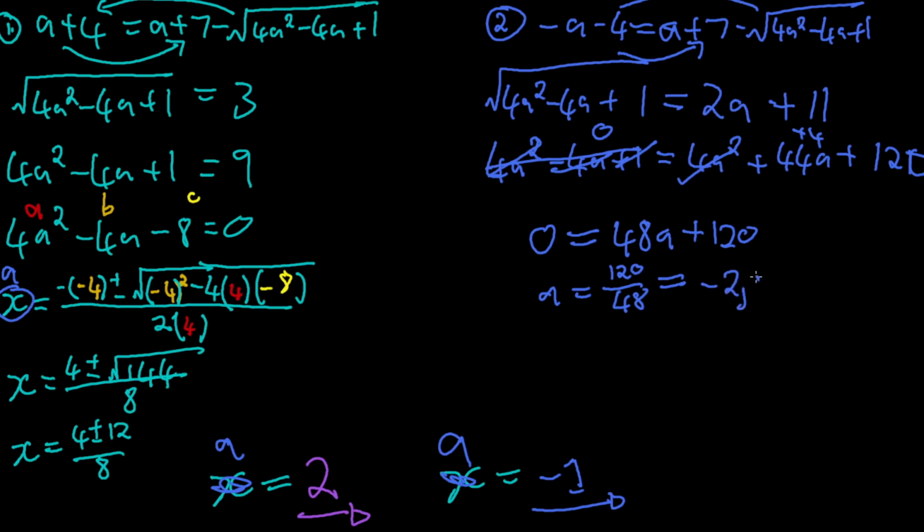Oh yeah, my bad. It's negative 120 over 48, because you bring this over to the other side and it becomes minus. So now this could be the third answer, so that means a could also equal negative 2.5. So now we're going to test all of these, so let me just erase everything.